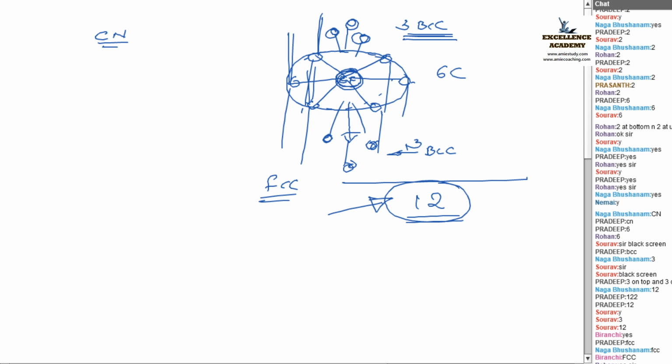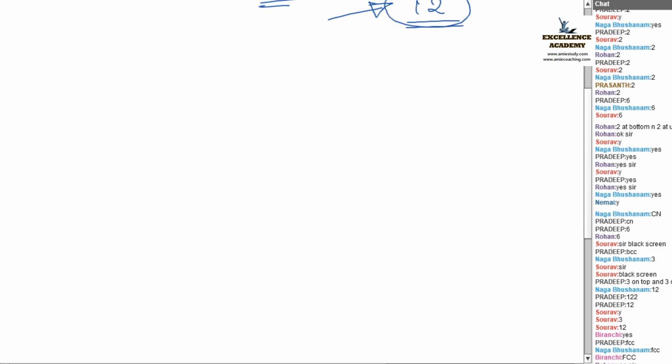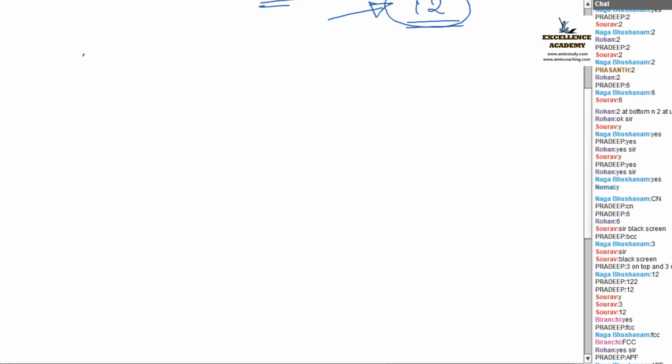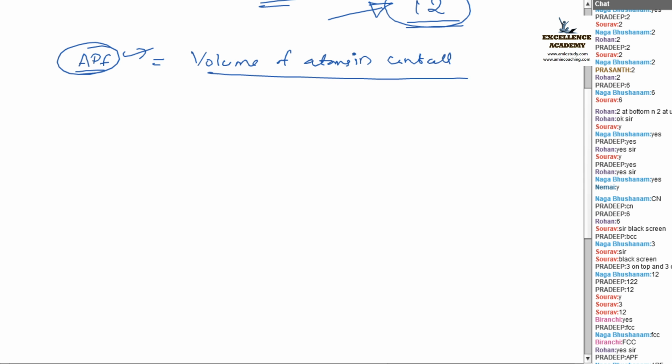Yes. Next is what? Next heading is what? Yeah, APF, atomic packing factor. Okay. Definition we know: volume of atoms in the unit cell divided by volume of unit cell.